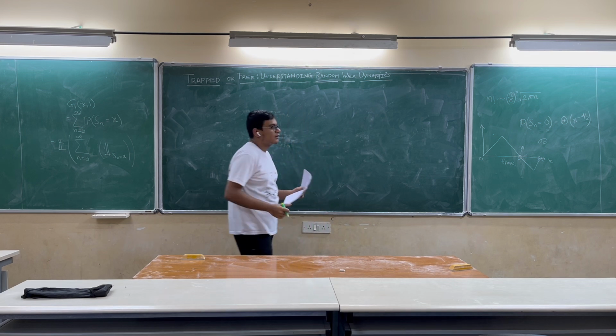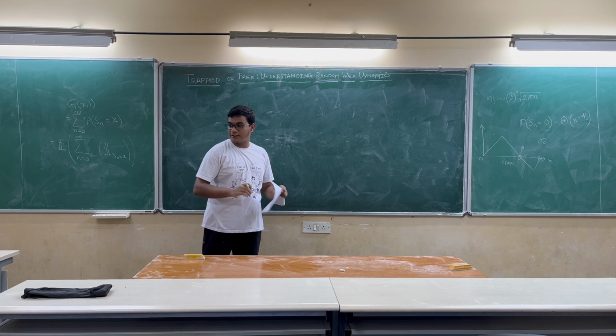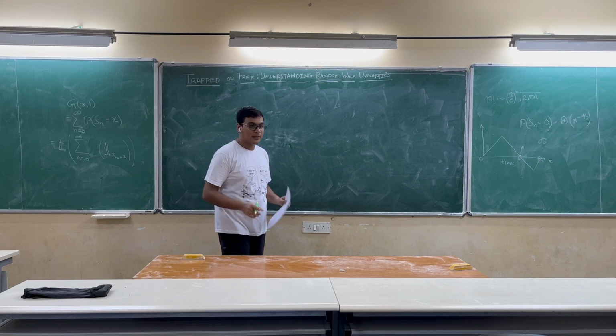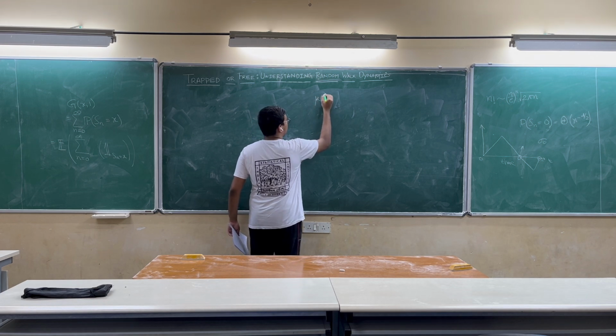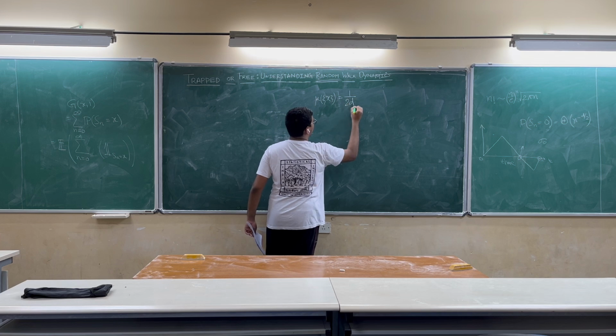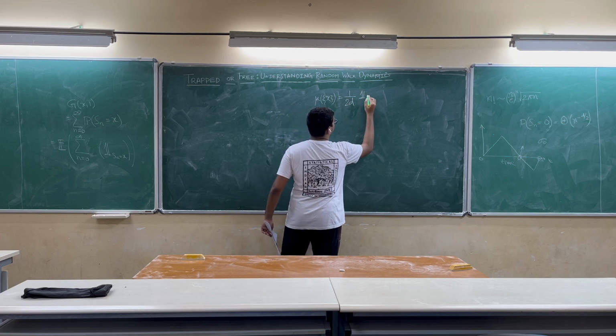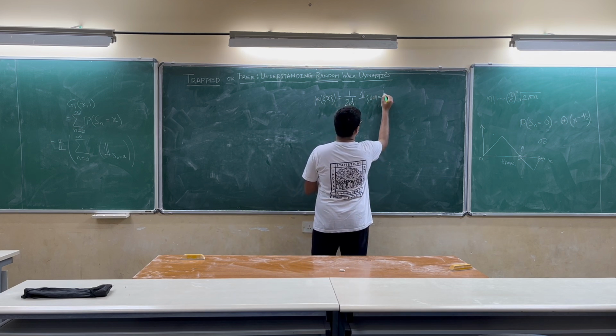So first of all, we will define a probability measure on this case of d-dimensional random walk. And that particular probability measure is given by 1 over 2d times the indicator of norm x equal to 1.